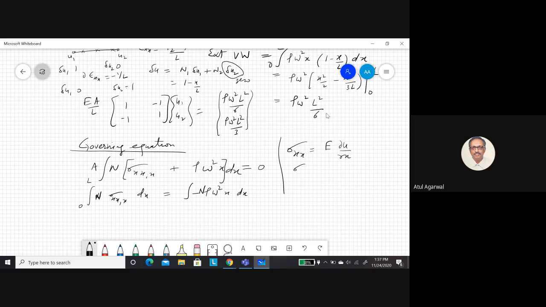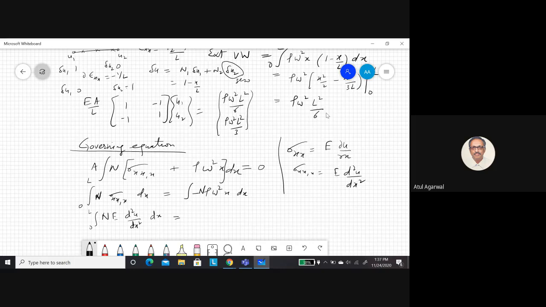Now sigma xx comma x is E d square u by dx square, because we have to write everything in terms of displacements. So what do I get? N into E d square u by dx square dx integral.